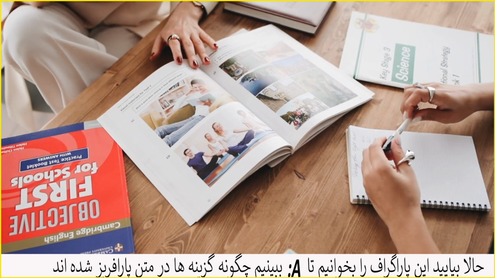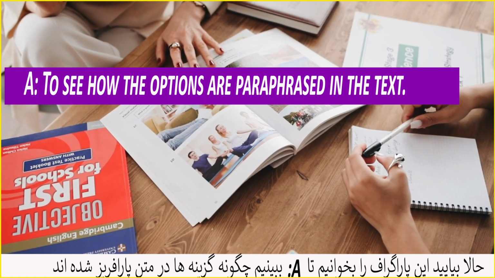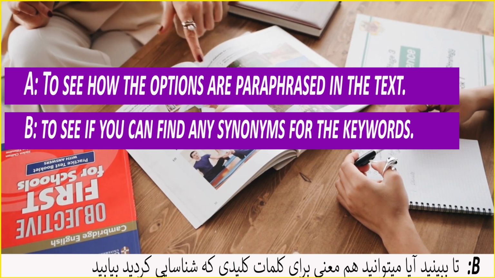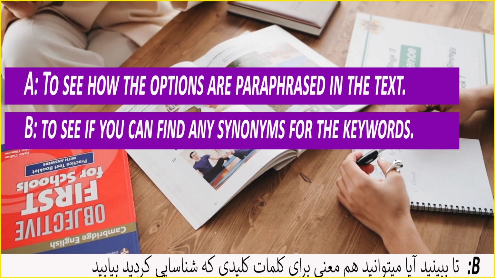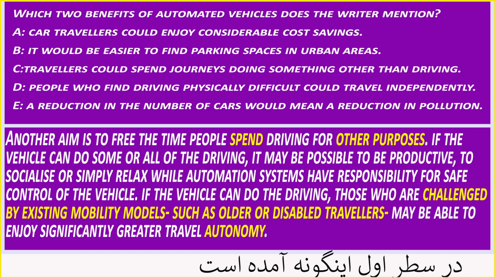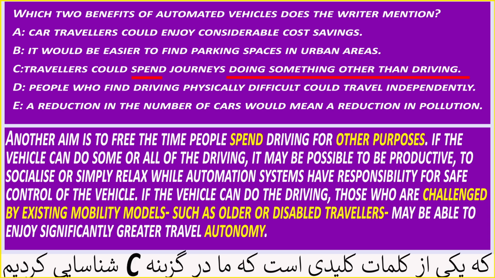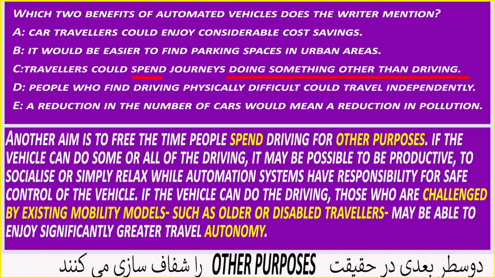Now let's read this paragraph to see A, how our options are paraphrased in the text, and B, to see if we could find any synonyms of our keywords. In the first line we have, "another aim is to free the time people spend driving for other purposes." Other purposes means something else and is one of the keywords that we identified in option C. The next two lines actually clarify other purposes or something else.